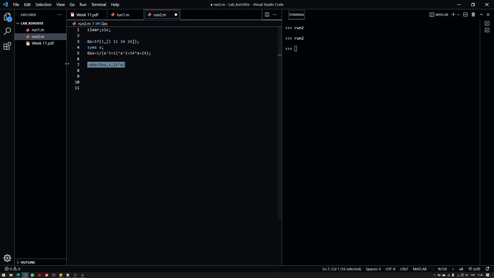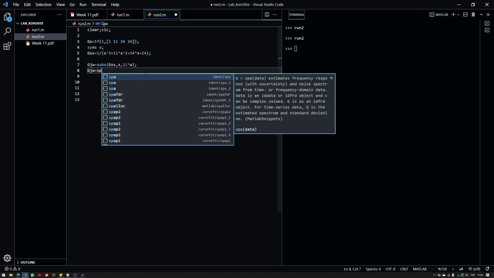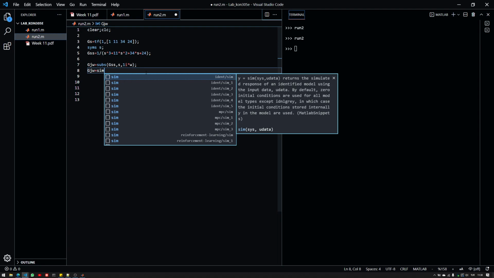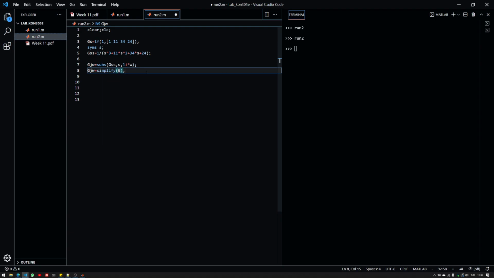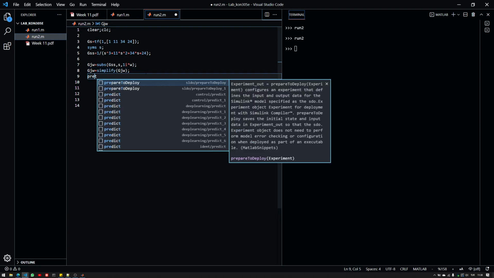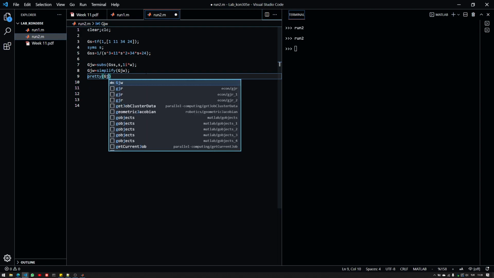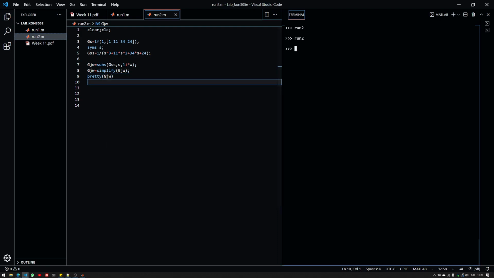And at that point, I get something like this. So let's see what it is. But before we see what it is, maybe we should simplify it. Simplify j omega. And let's use pretty to prettify the output.